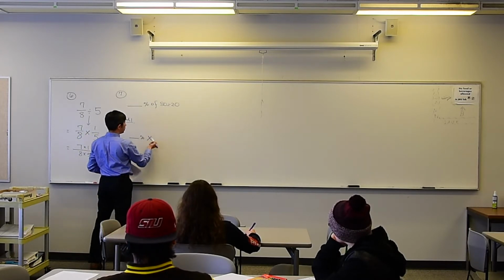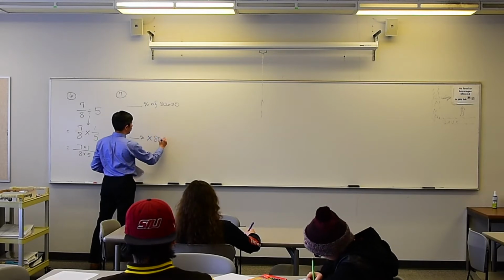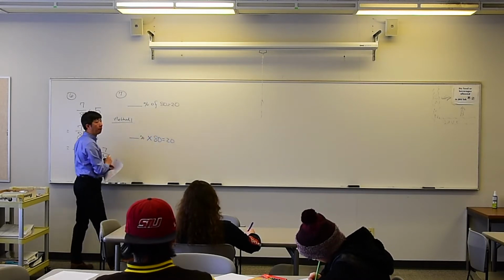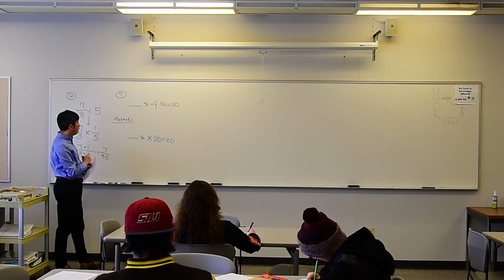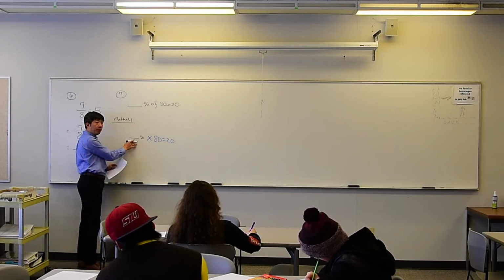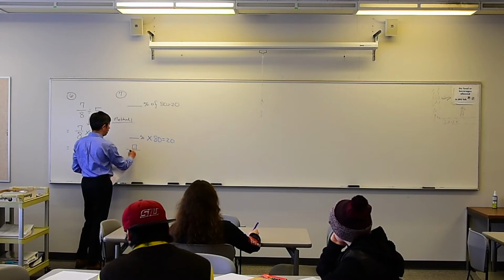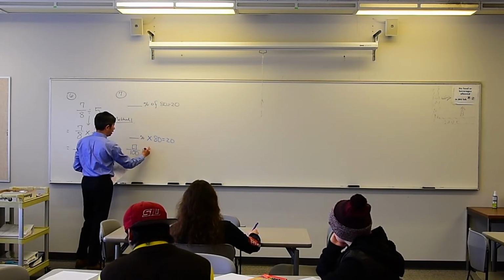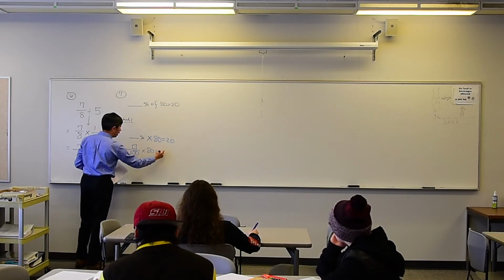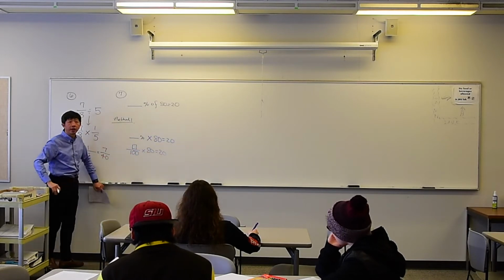That means times 80, which is equal to 20. Alright. Now what percent? That means an unknown number, how many out of 100, times 80 is equal to 20. Are you with me for the writing like this? Yes or no?